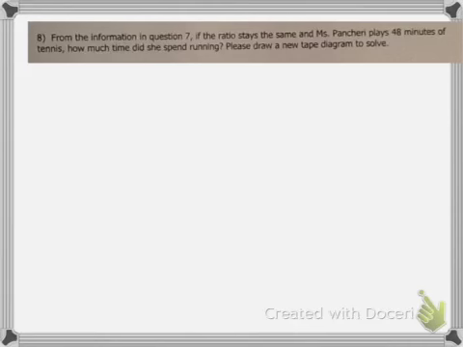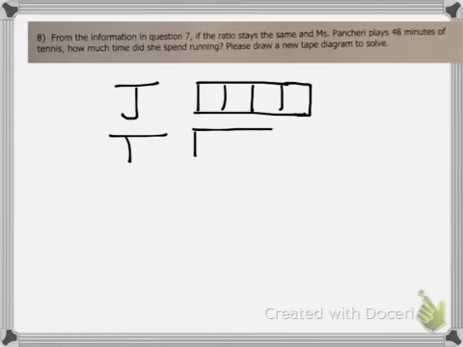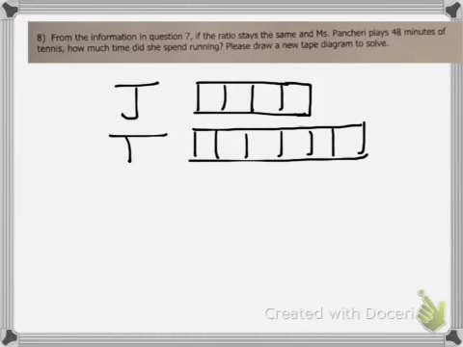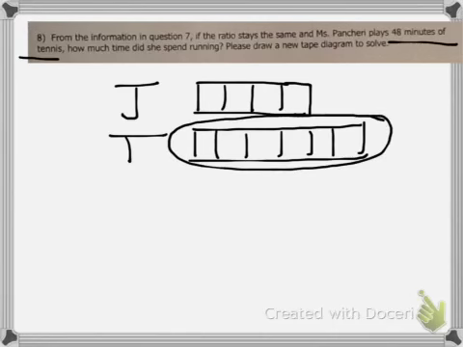Number 8, from the information in question 7, if the ratio stays the same, that's our jogging for 4, and our tennis has 6, and Miss Pancheri plays 48 minutes of tennis. How much time did she spend running? So 48 minutes of tennis means I'm going to circle my boxes of tennis, and that's 48 minutes worth.